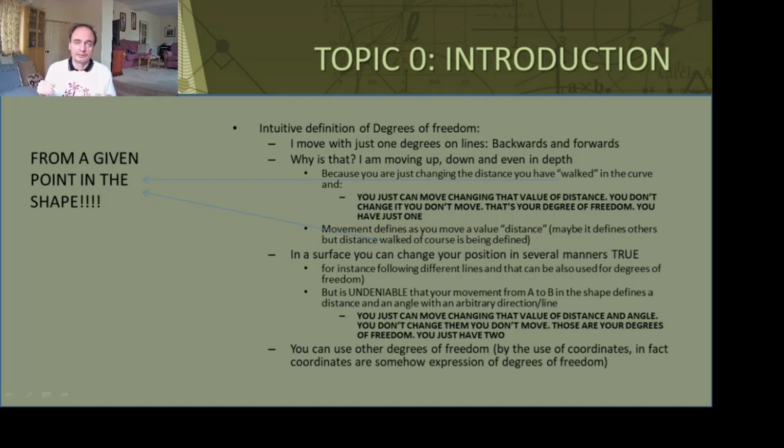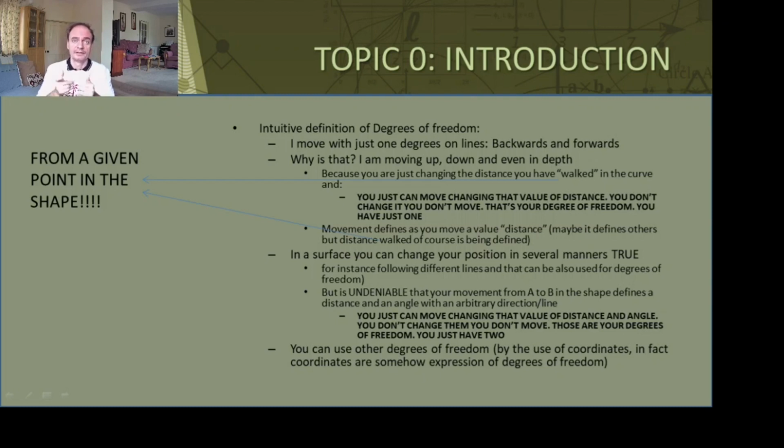And then, if you tell me that you are at a distance of 4 units of the origin of coordinates, I can yet move. It's not as if I were in the line. I can yet move, changing some kind of angle, an angle with an arbitrary north.